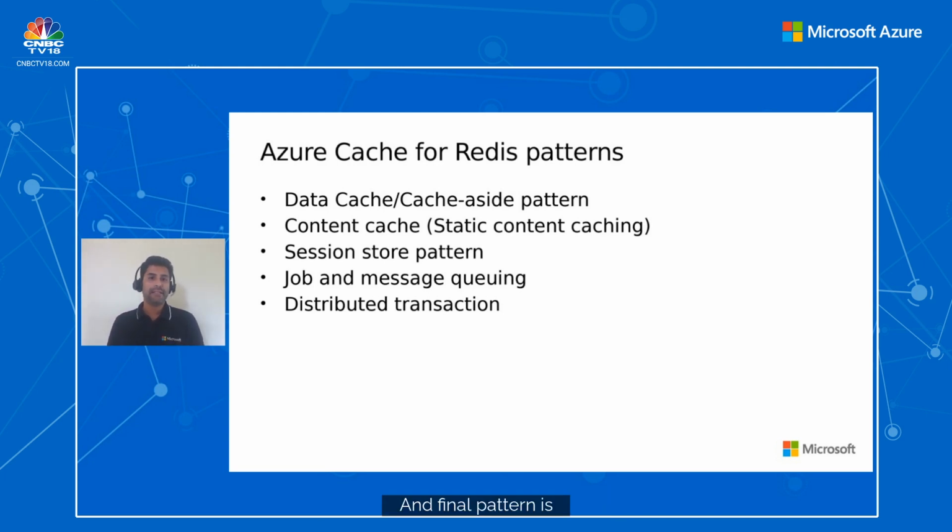And the final pattern is around distributed transactions. In this case, ideally, some transactions need to be executed at once. For example, in banking scenarios, if a money transfer is involved from one account to another, there might be two or three transactions combined.